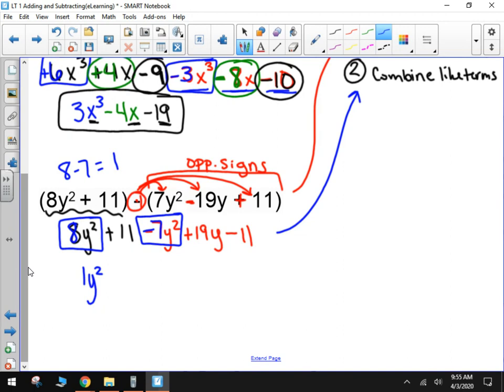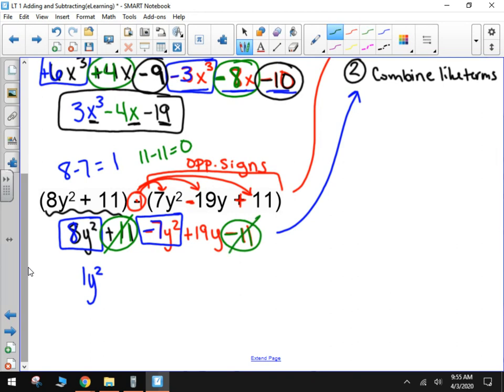You do not need that 1 in front if you don't want it. Then I look at my next term. It is a number without a letter, so I look for another number without a letter, and I have -11. So I'm taking +11 and subtracting 11. So 11 minus 11 is 0. Since it's 0, I don't need to write anything. These just go away.